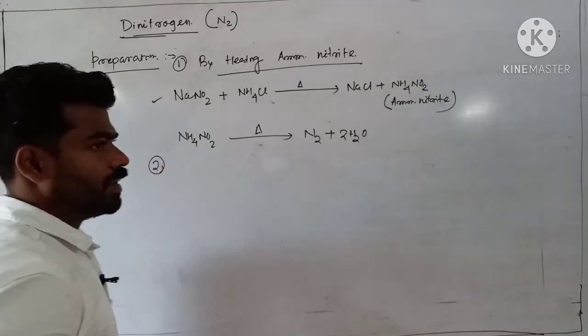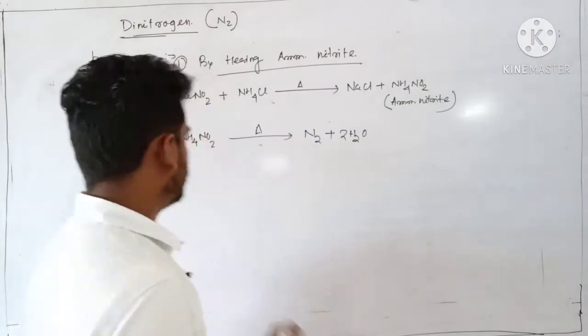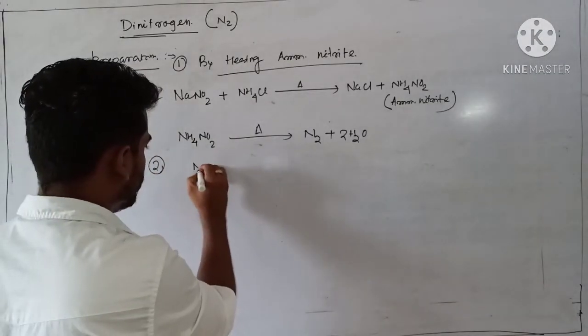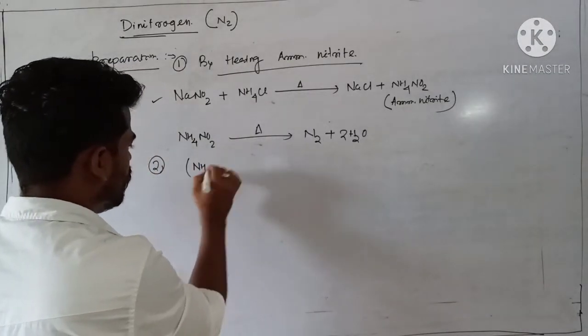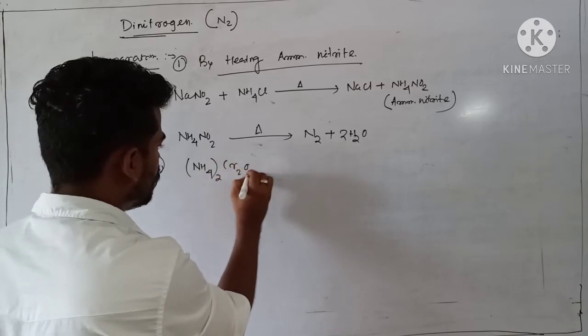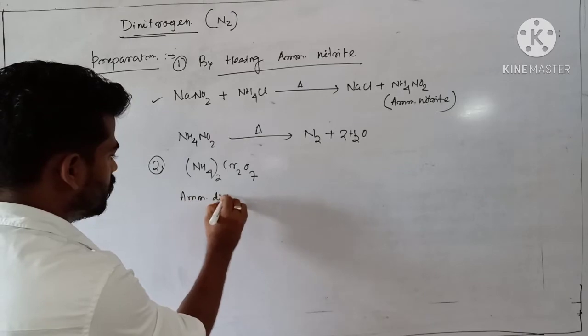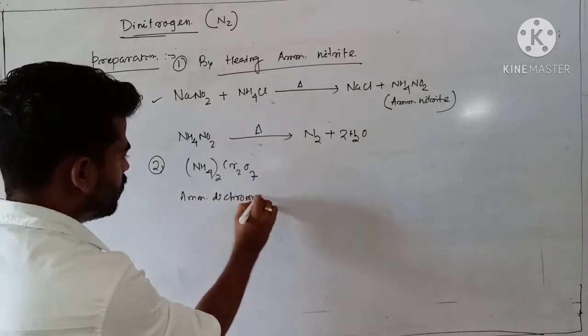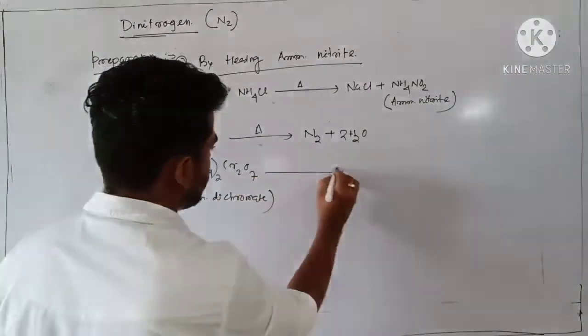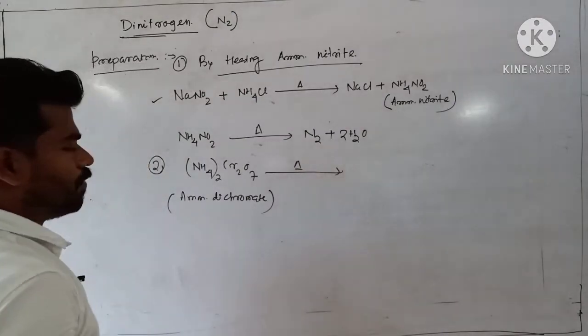Second, you can heat ammonium dichromate, that is (NH4)2Cr2O7.